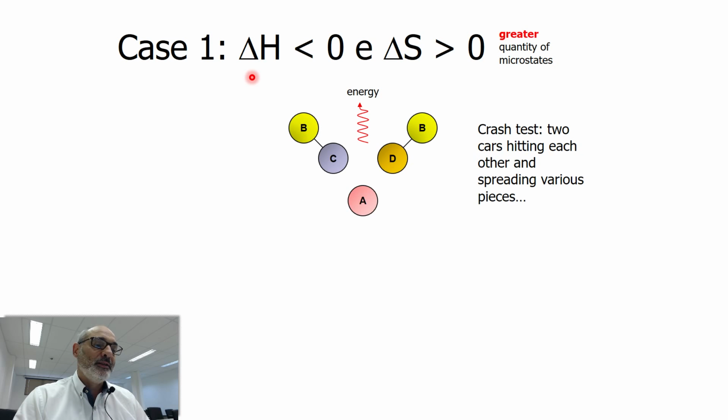And the fact that delta H is less than zero means that the process is exothermic. Well, so we know this. Or cars just crashed into each other and spread various pieces all over the place.